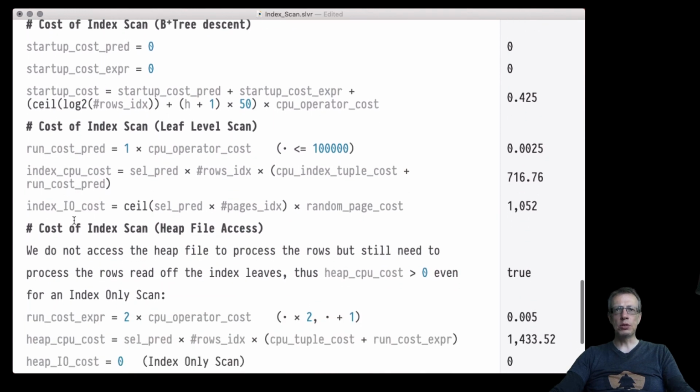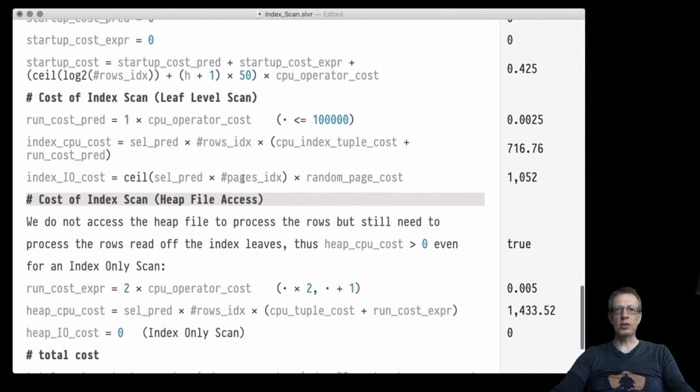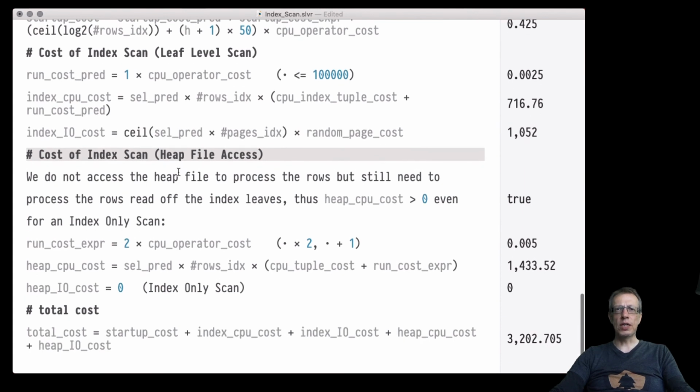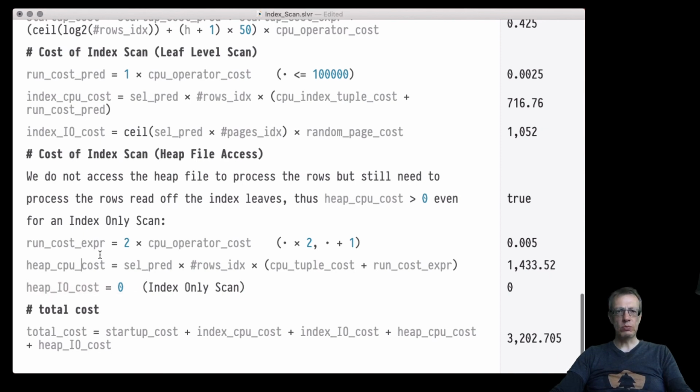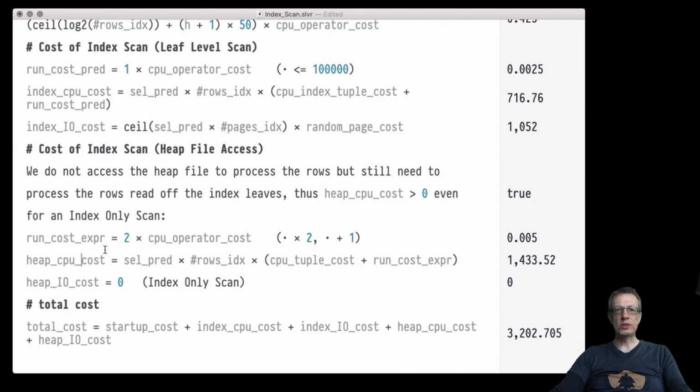Nothing has changed here. Well, in the section on the heap file access, this third component of our index scan cost, well, in this case, there won't be any heap file to process. We are in the perfect case where the visibility map tells us that an access to the heap file is just not needed. There will be heap I/O costs of 0. Okay. Well, still, we would need to process the rows that we found during this index leaf level scan.